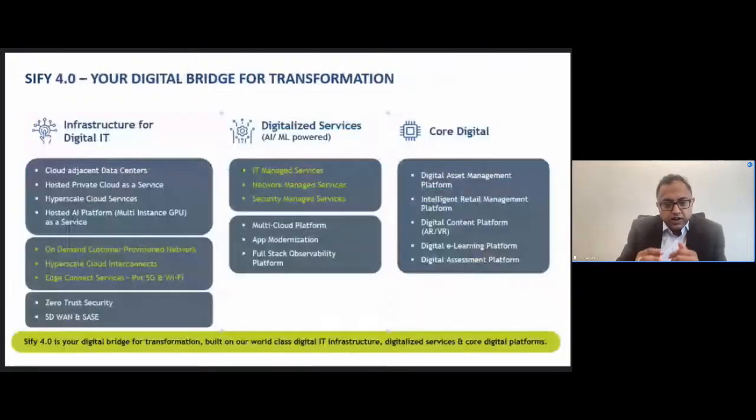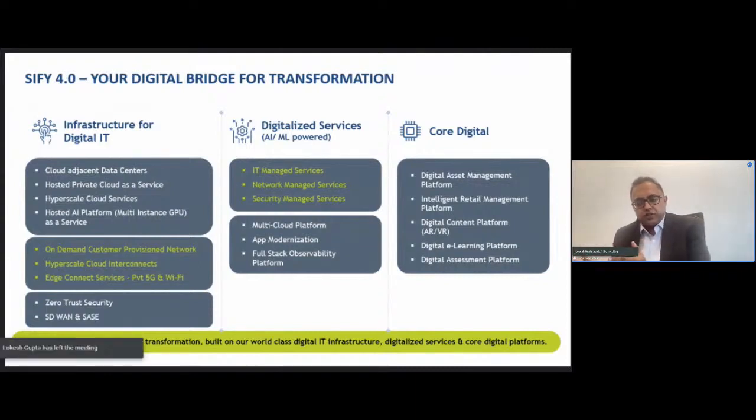And if I double click that, the very important aspect is that there is an infrastructure part of it for which anybody needs to be digital IT. There is a managed services part of it which needs to be done digitally to give you operational efficiency. And then there are core digital aspects of it which are directly related to the industry-led, correct?